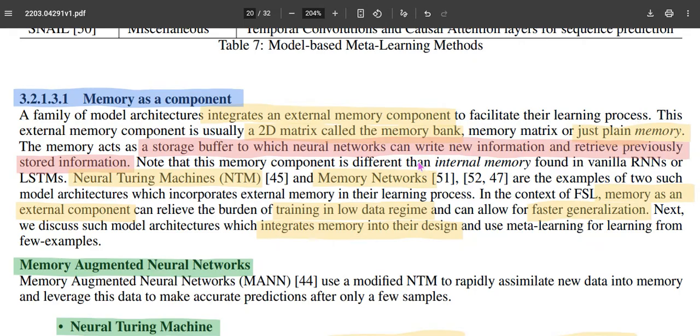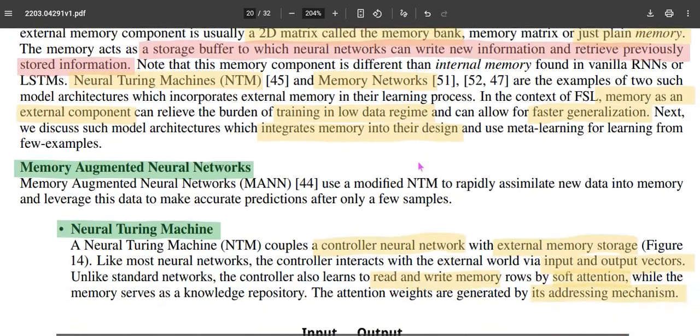It's unlike the internal memory of a vanilla RNN, whose hidden neural network tries to store the previous data information. Here, a memory in terms of a matrix is explicitly architected, and it is adapted with a standardized parameterized model like a neural network.